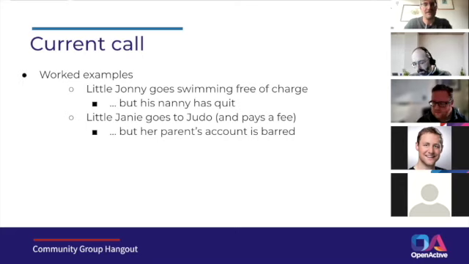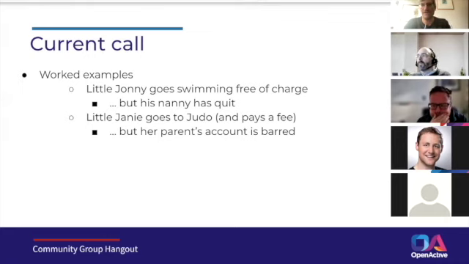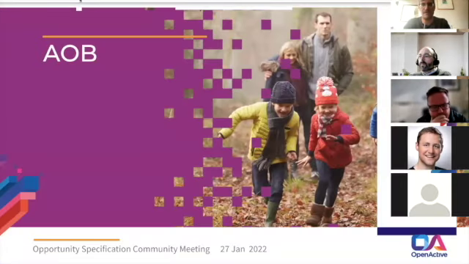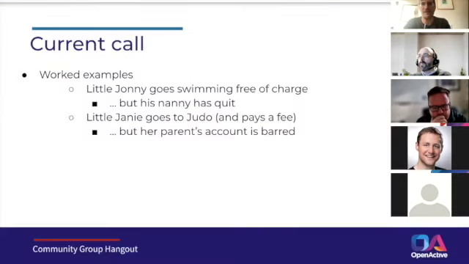And then I threw in little Janie going to judo and paying a fee to do so on the parental or guardian account. What happens if that account is barred from making bookings for whatever reason? We can examine those in connection to the solutions identified last time, and hopefully they go the distance, but we shall see.